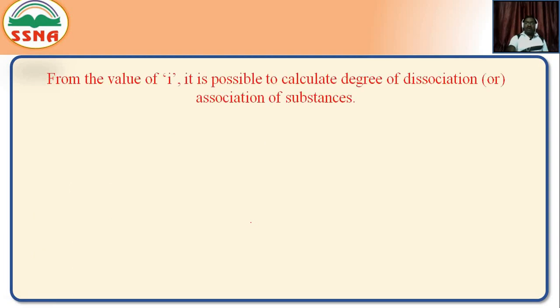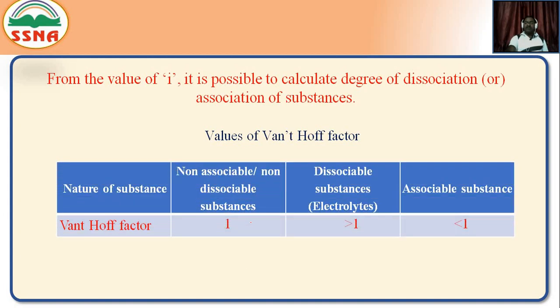From the value of i, it is possible to calculate the degree of dissociation or association of a substance. Values of van't Hoff factors are mentioned here. For non-associable or non-dissociable substances, i is equal to 1.